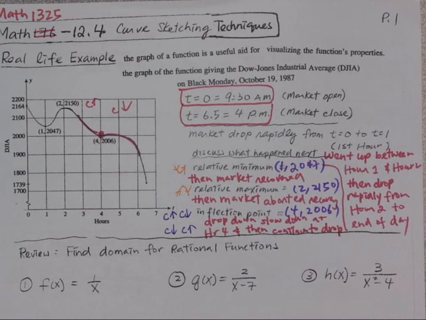So this is kind of showing you what it means in a real world example, with the concavity change and what it means when it goes up and down, etc. So that's the first example.